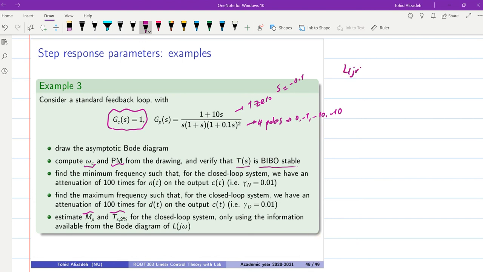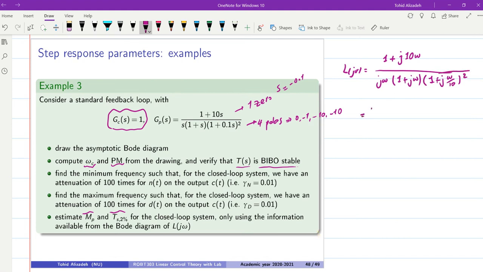constructing our L of j omega, which will be equal to GC times GP. GC is equal to 1, so we'll have 1 plus j 10 omega over j omega times 1 plus j omega times 1 plus j omega over 10 squared.